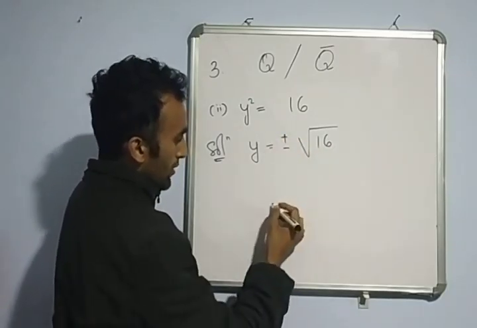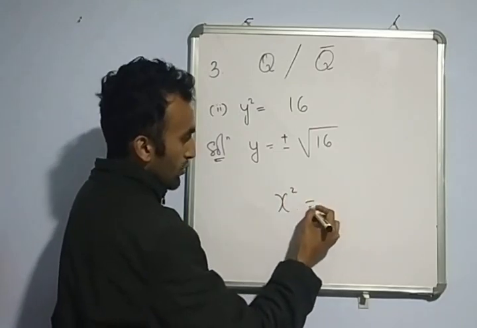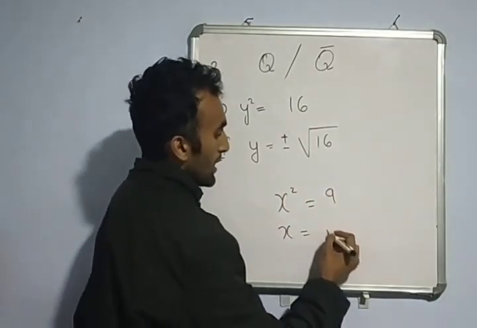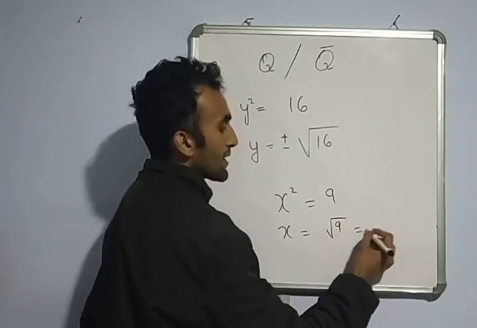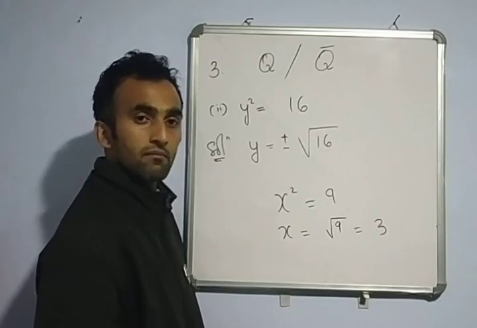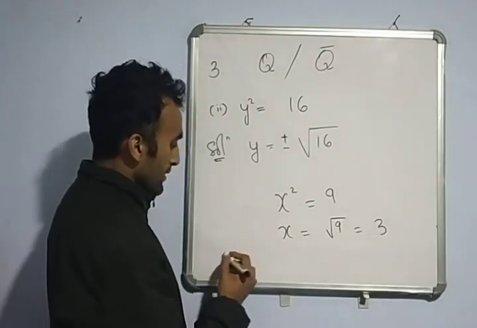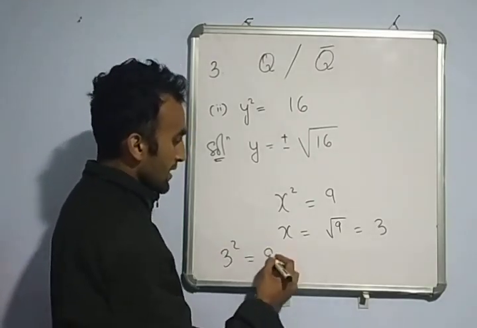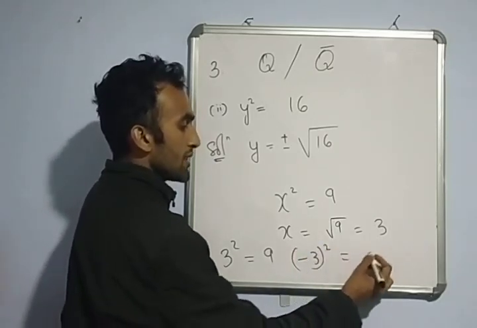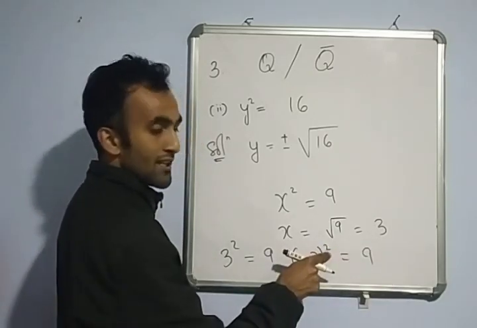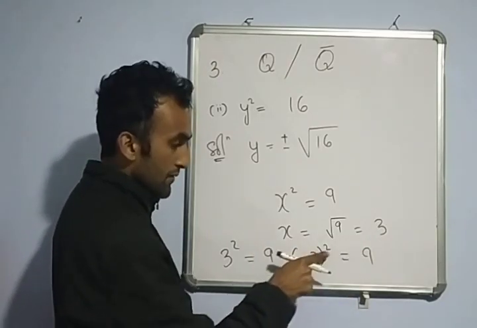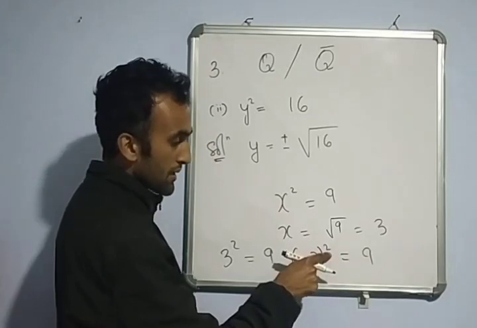If I say x square is equal to 9, have a look. X equals square root of 9, which is 3. Now you check that 3 square gives us 9. But minus 3 square also gives us 9, no? Because negative square is positive: minus into minus is plus.